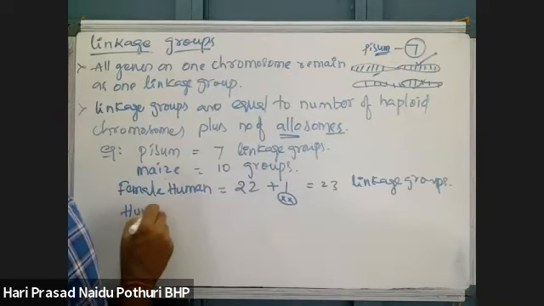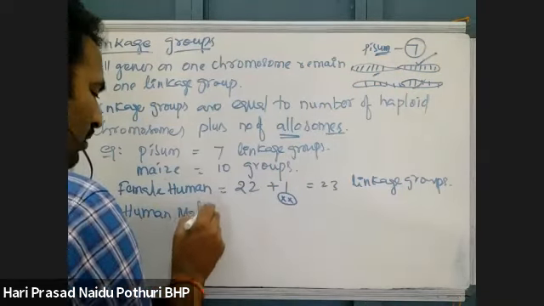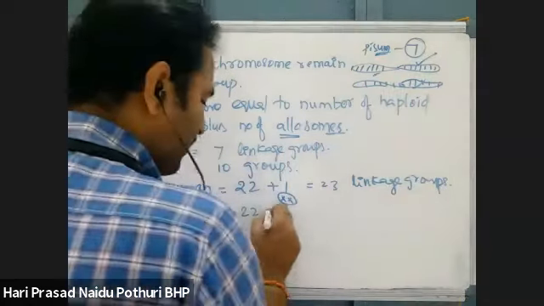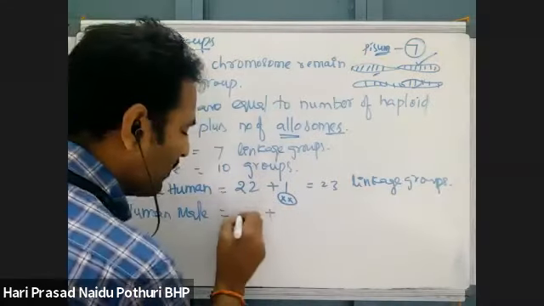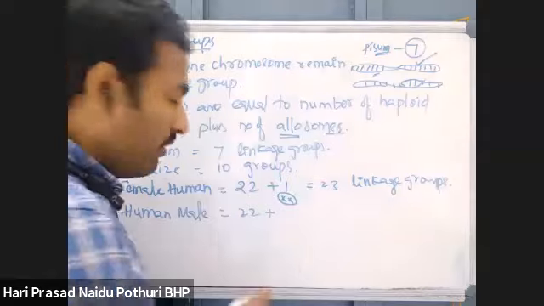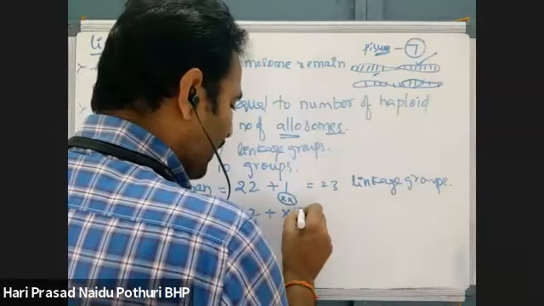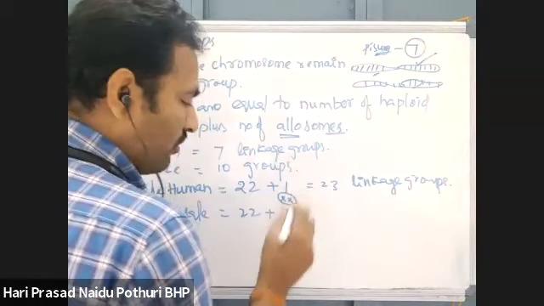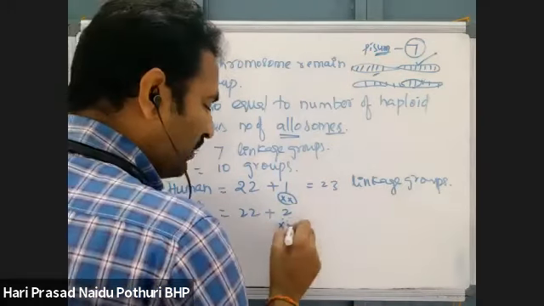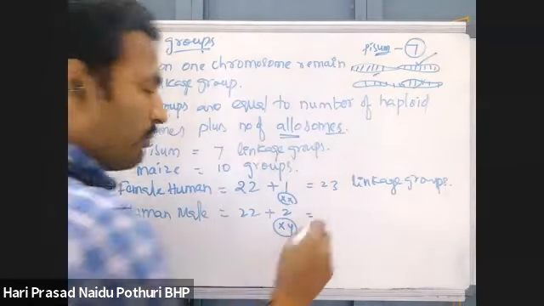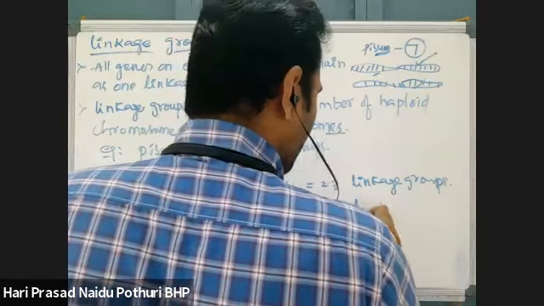Whereas a human male has 22 autosomes, that means the haploid set of autosomes is 22, and the number of allosomes, what are the allosomes here? X and Y. Because there are two different allosomes, X and Y, two linkage groups are present. So 24 linkage groups.